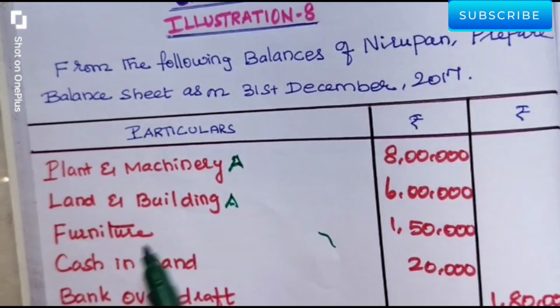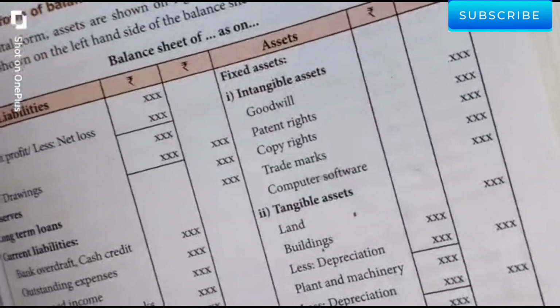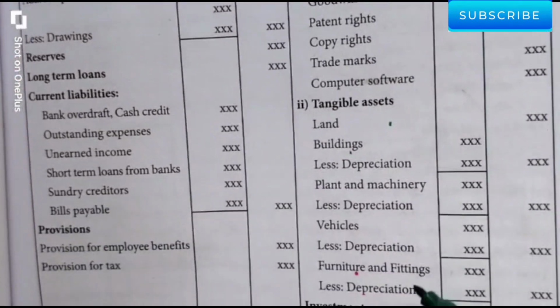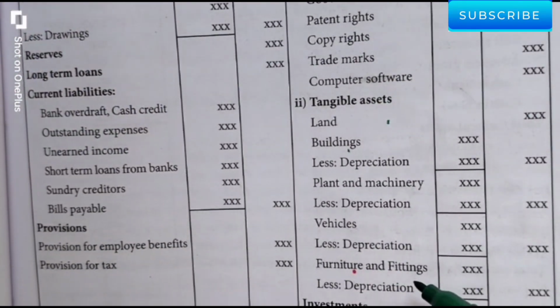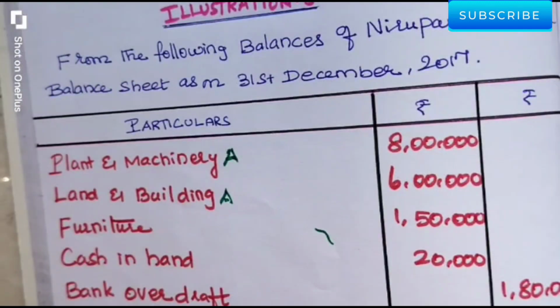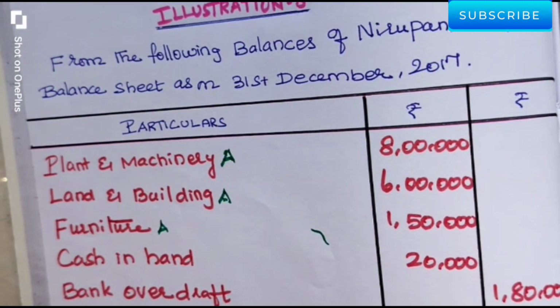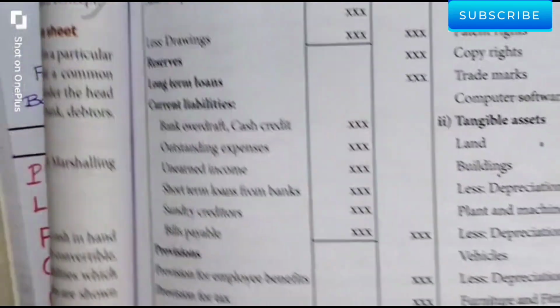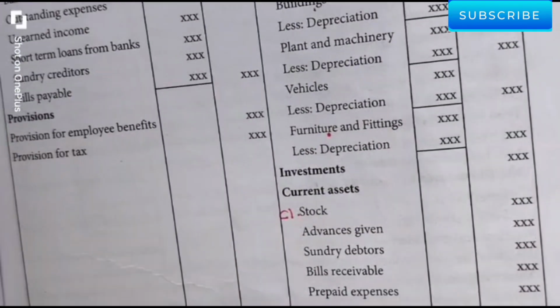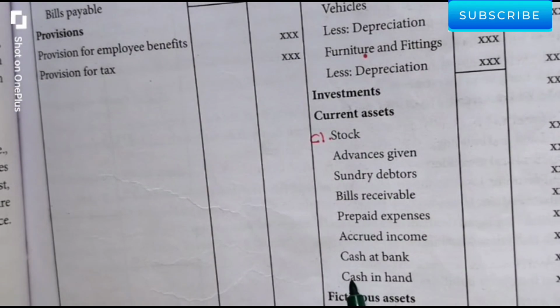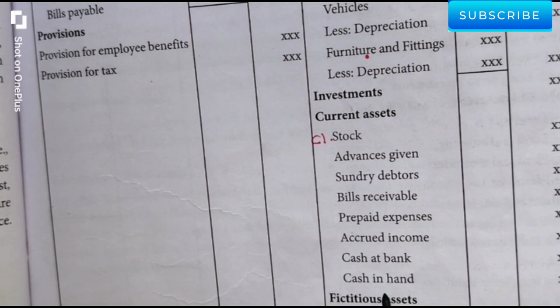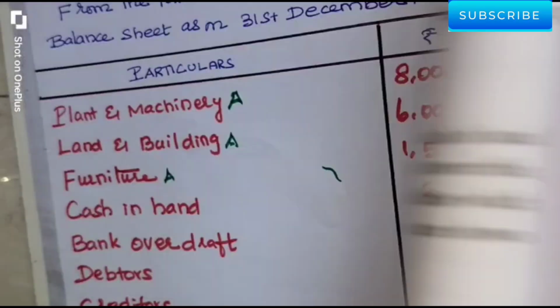So we have to enter the letter A. A means asset. Then furniture. Furniture is an asset. So we have to enter the letter A here. Cash in hand. Cash in hand is a current asset. Cash at bank, cash in hand, both come under the heading of asset.